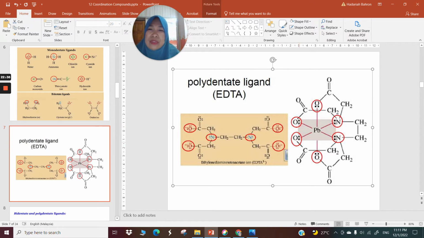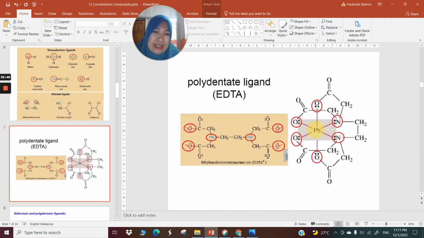And how does this EDTA encapsulate a metal center? For example, a lead here. So the two nitrogens, 1 and 2, are these two nitrogens, 1 and 2. It binds on the right-hand side of the lead.